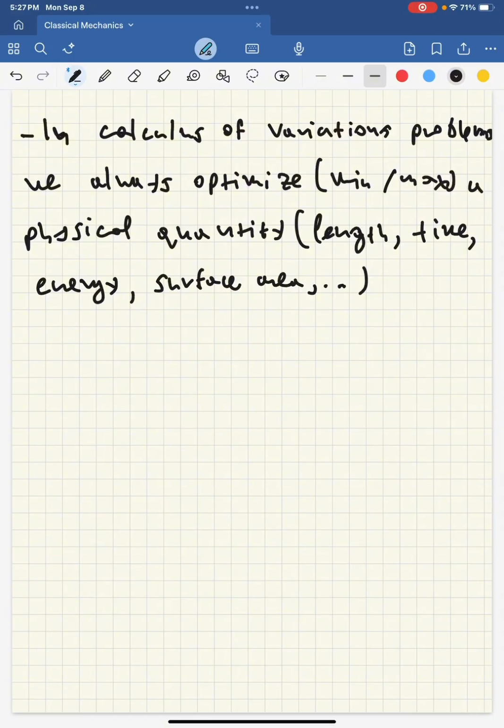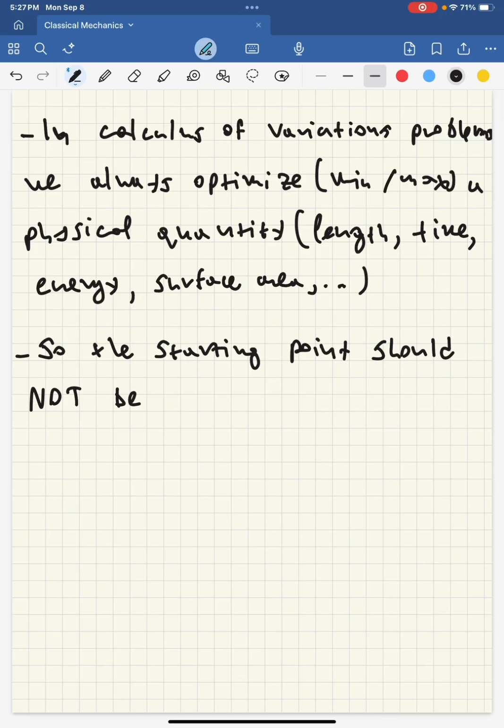So your starting point, since someone is watching this, hopefully, should not be the Euler equation, but an integral.